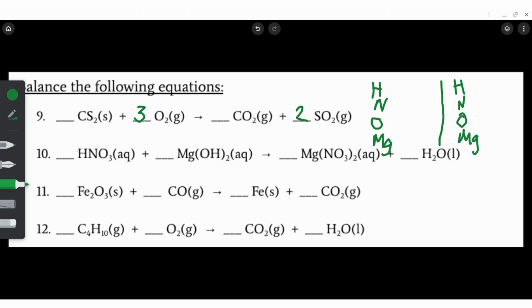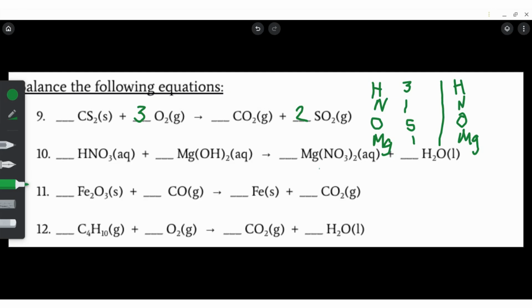And so going through right now, I see 1 hydrogen here and I see 2 right here. So we're starting with 3 on our reactants. Nitrogen, I'm seeing 1. Oxygen, I'm seeing 3 here, and I'm seeing 2 right here because that 2 kind of distributes through. So that's going to be 5 oxygen, and then 1 magnesium.